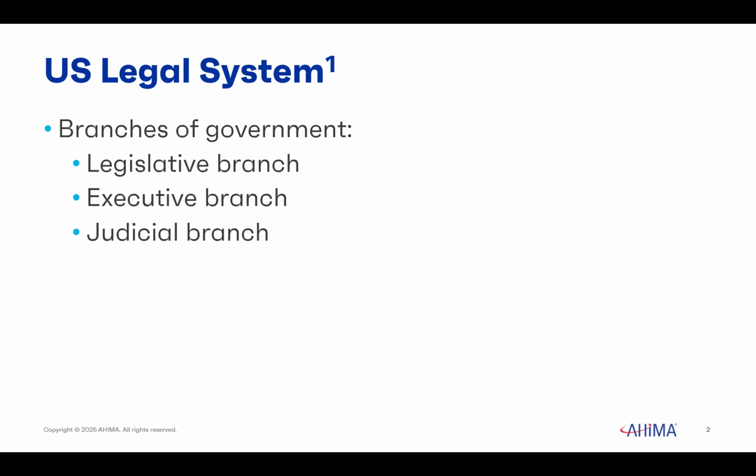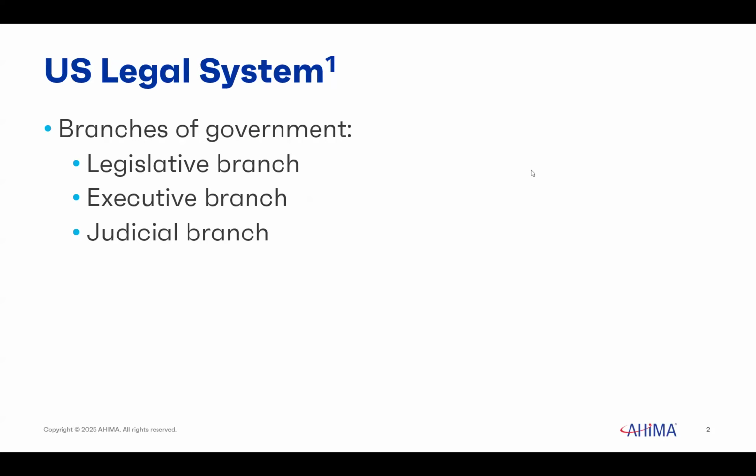Now we'll get into the branches of the government. If you can remember your high school civics or government class, depending on how they classified it, we always talk about the balance of powers, and we talk about the three major branches of government.